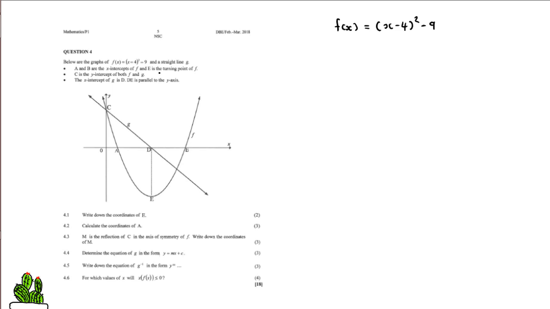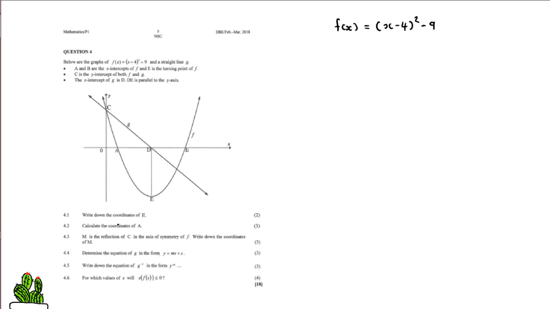Alright, and E is the turning point of f. C is the y-intercept of both your f and your g graph. So now you have to start thinking about simultaneous equations over there. And then they lastly tell you that the x-intercept of your linear function is at the point D. Alright, and that the line DE is parallel to the y-axis. Okay, that might be useful at some point.